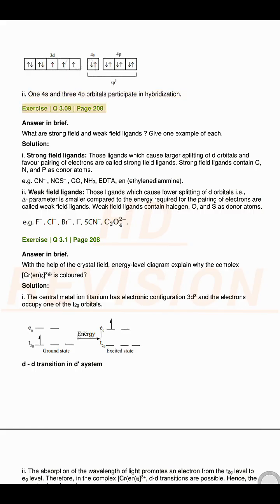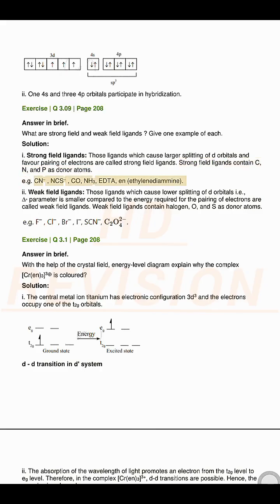Exercise Q3.09, page 208. Answer in brief. What are strong field and weak field ligands? Give one example of each. Solution. I. Strong field ligands. Those ligands which cause larger splitting of d orbitals and favor pairing of electrons are called strong field ligands. Strong field ligands contain C, N, and P as donor atoms.